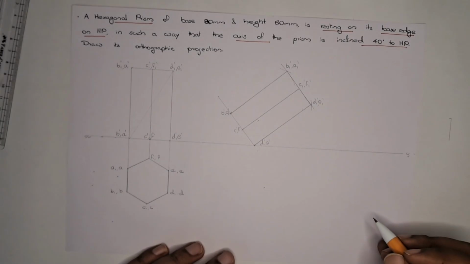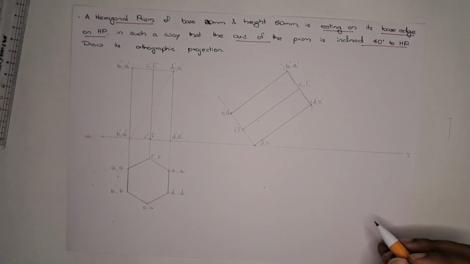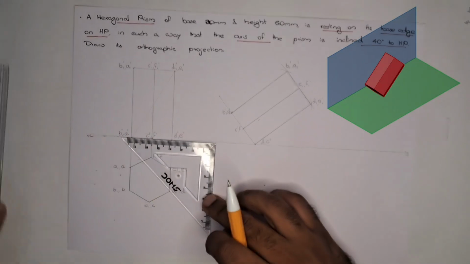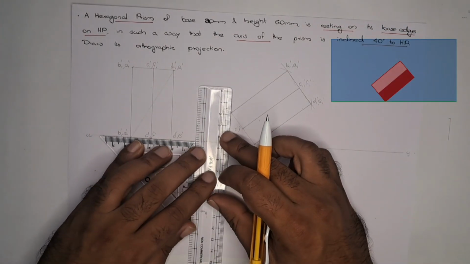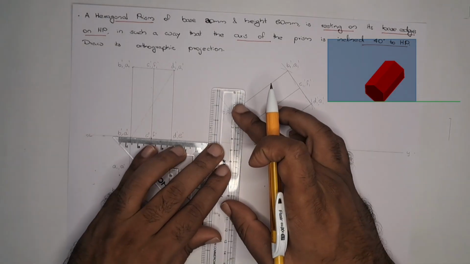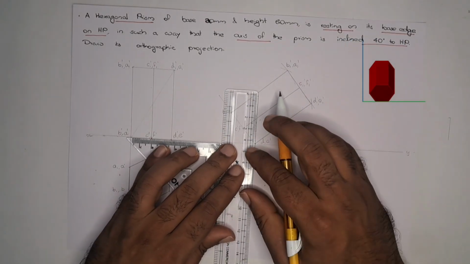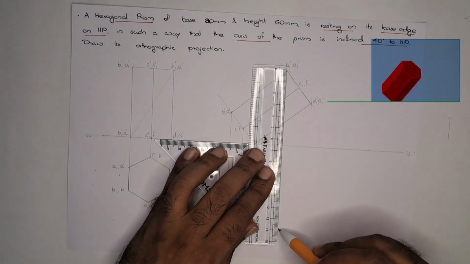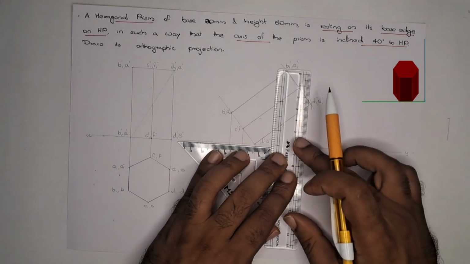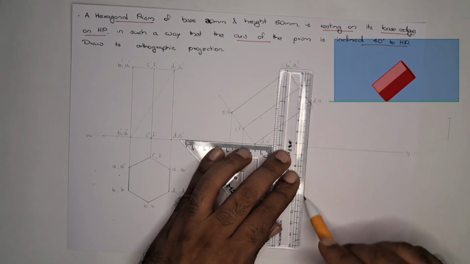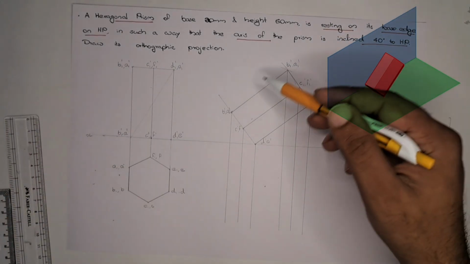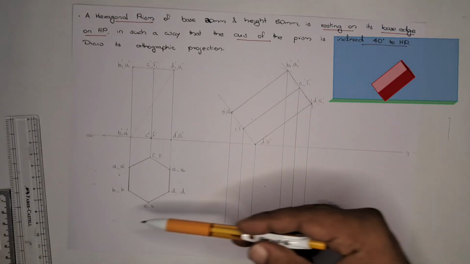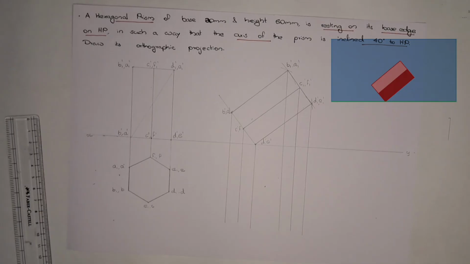So we name all the points. Now we need to draw vertical lines. So we draw 6 lines. Now we need to join these 12 points using the horizontal lines.